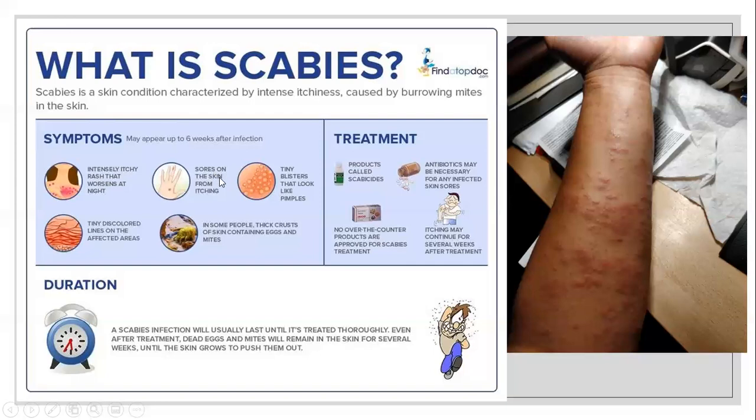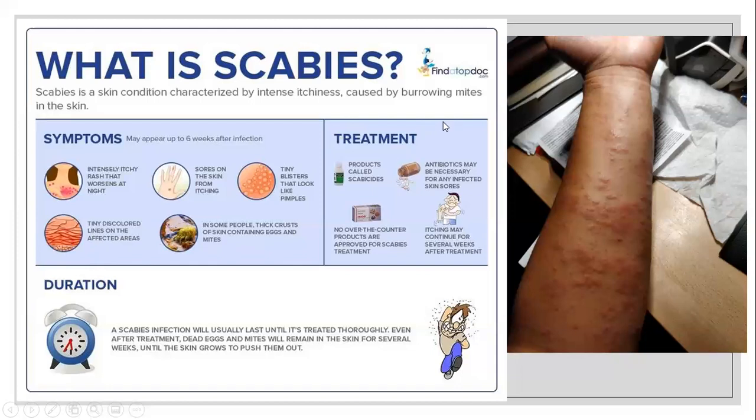Sores on the skin from itching, also tiny blister formation that look like papules or pimples, and also tiny discoloration of the affected area. In some people, thick crusts form on the skin.